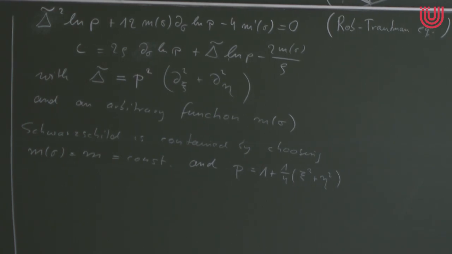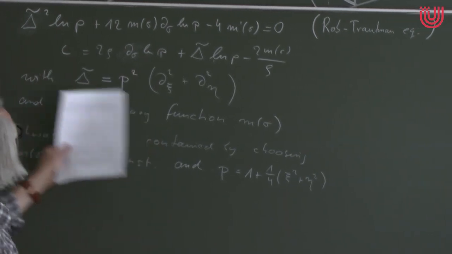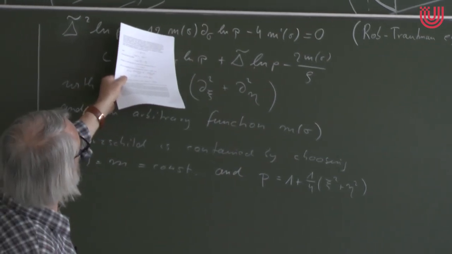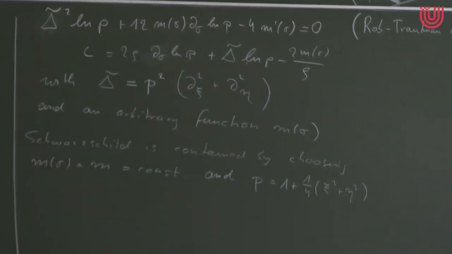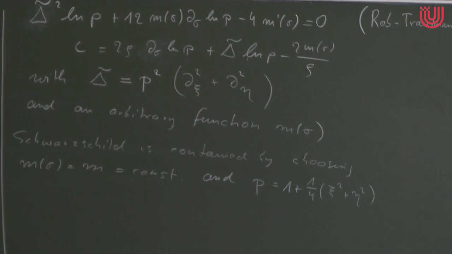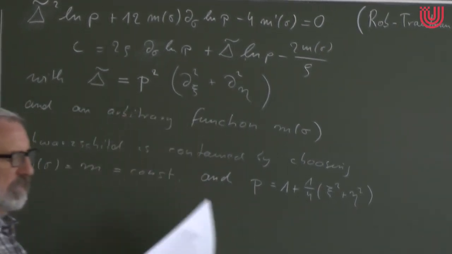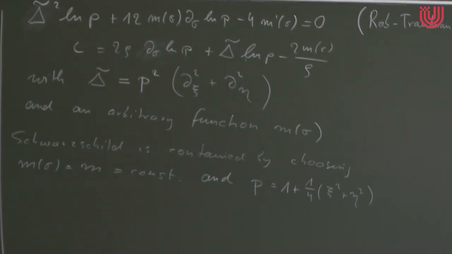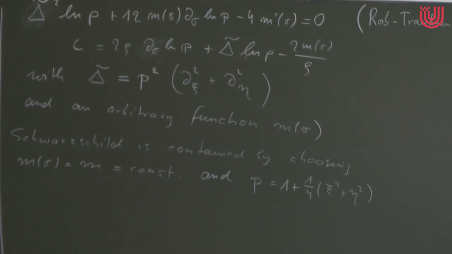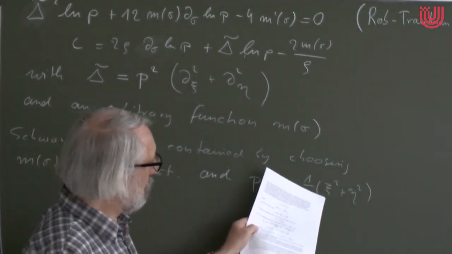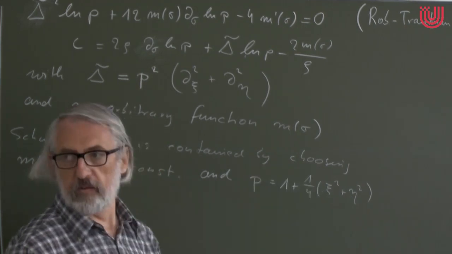So if you plug this into this differential equation with m of sigma equal a constant, then you see that it is actually satisfied. And the psi and the eta, these are now coordinates on these two surfaces transverse to the outgoing rays. So in the Schwarzschild case, these are of course the spheres, which we usually coordinatize by theta and phi.